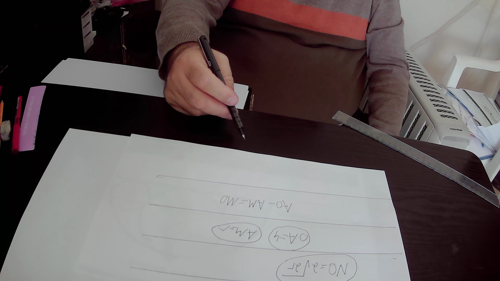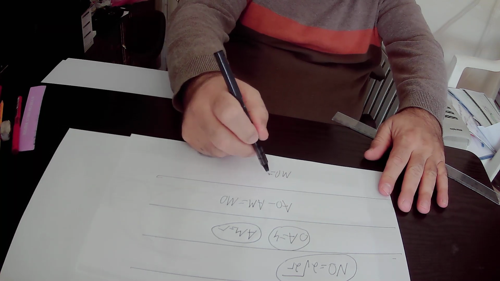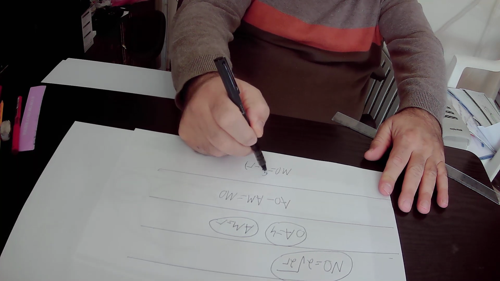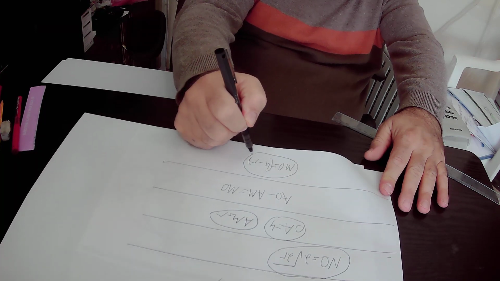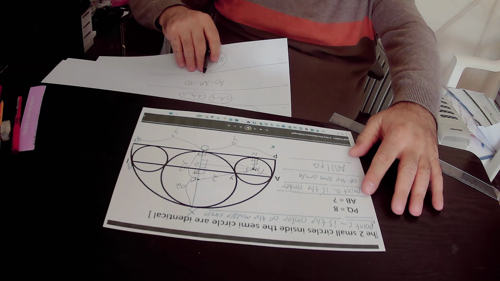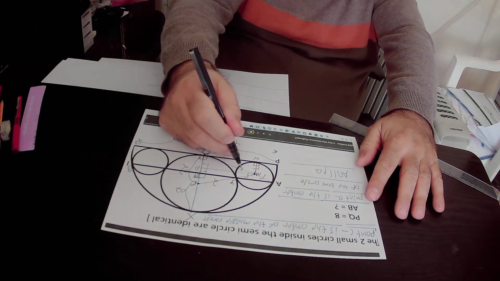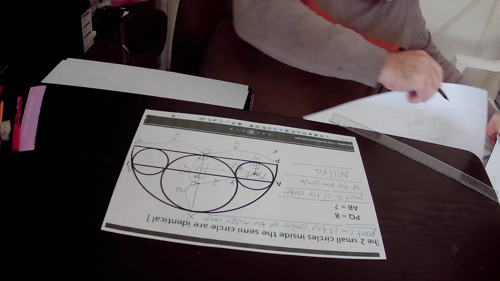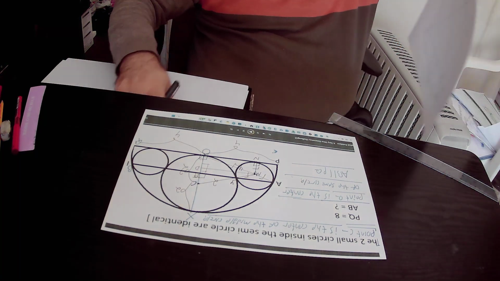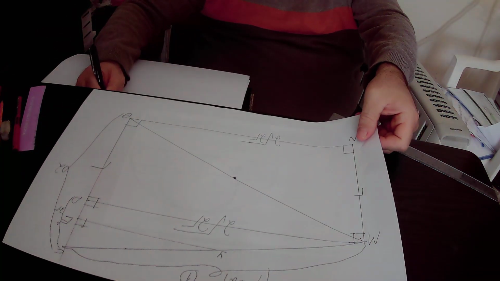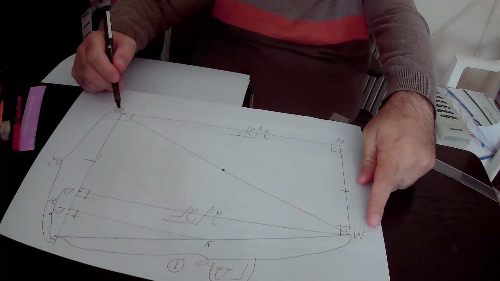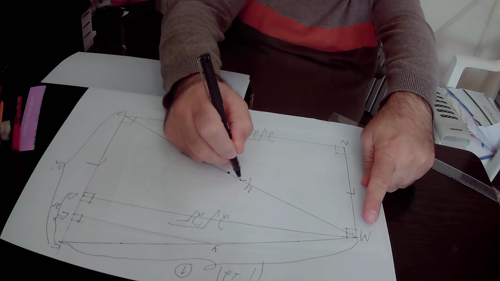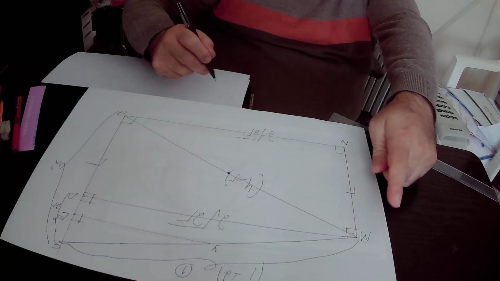So MO equals to AO is 4 units and AM is R. So in total we found out that MO equals to 4 minus R. So we can write here that MO equals to 4 minus R. And we will write here that MO, the hypotenuse of triangle M and O, equals to 4 minus R. Okay.